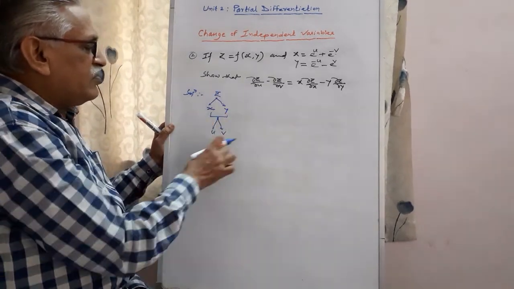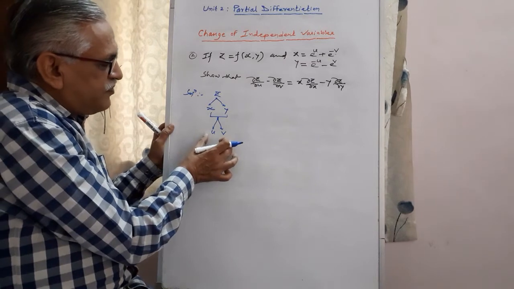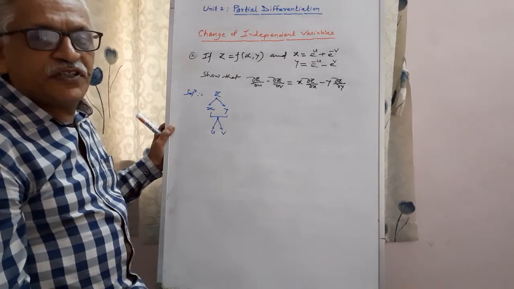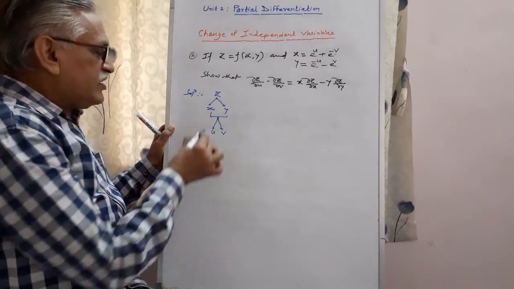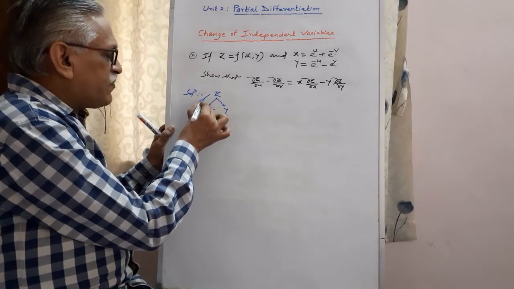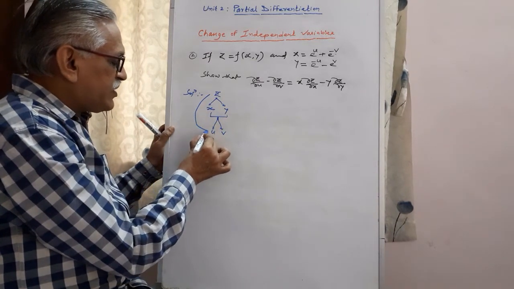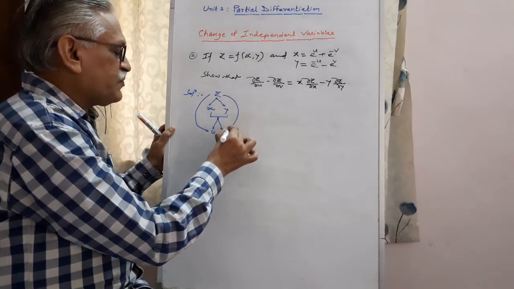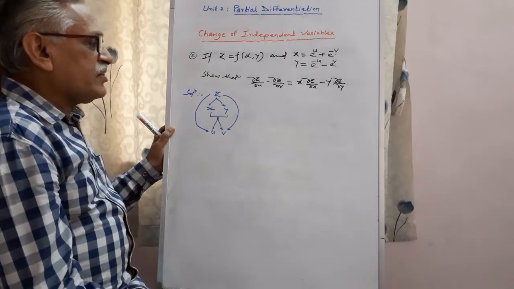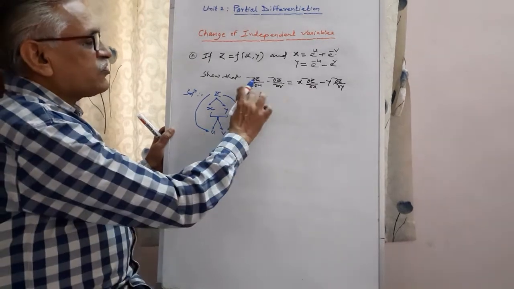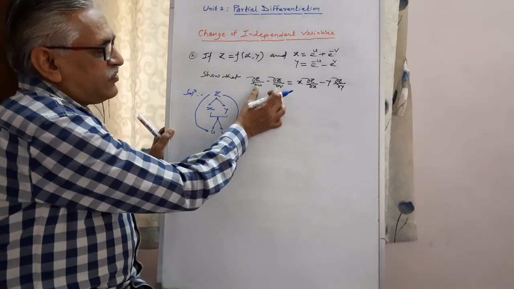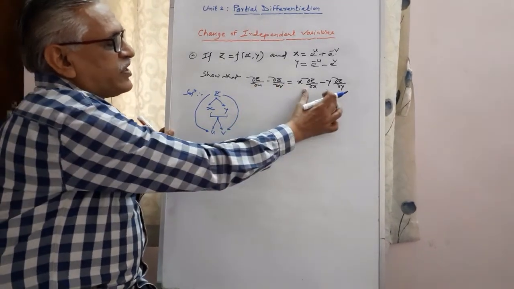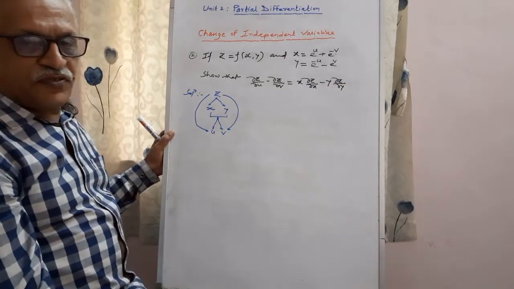And therefore, as we have such type of tree diagram, it is a problem for change of independent variable. Therefore, we require to obtain the derivative of z with respect to u and the derivative of z with respect to v. And these two terms appear on the left hand side, means we require to find the left hand side and show that it is equal to these two terms.